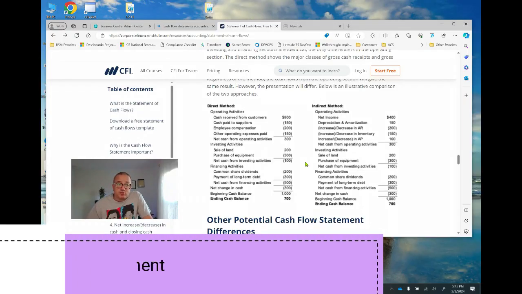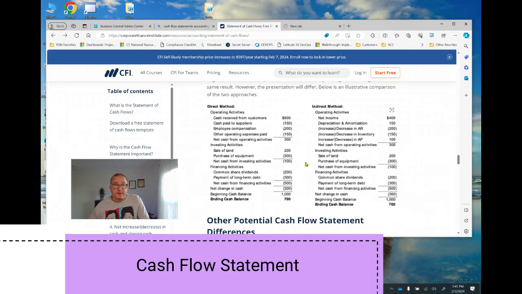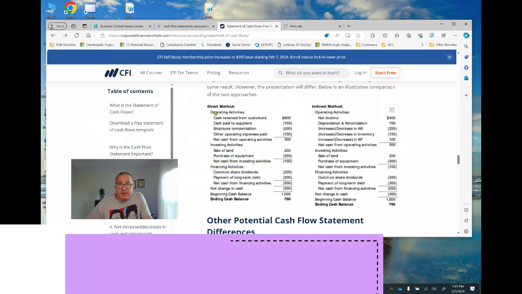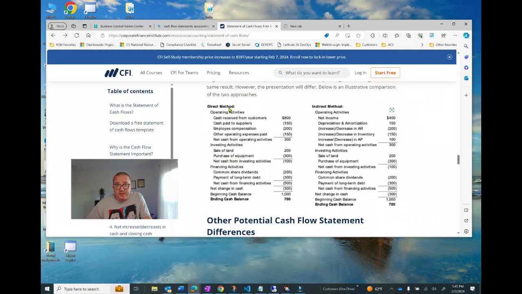Let's get going. The cash flow statement is one of the statements that's prepared by the accountants with every financial cycle, quarterly or annual. And it can be done in two ways: there is a direct method and an indirect method. They should both arrive at the same number.